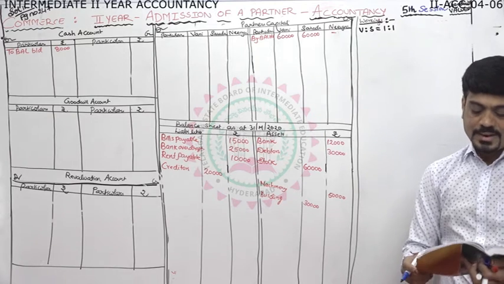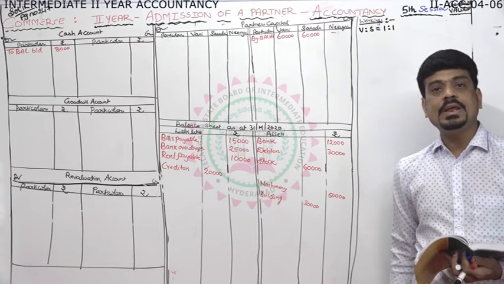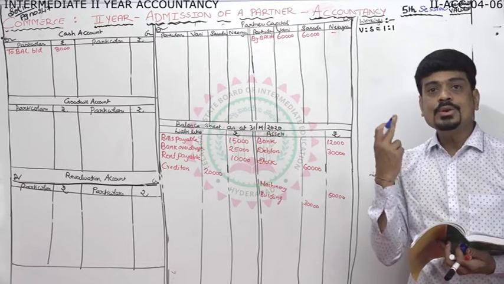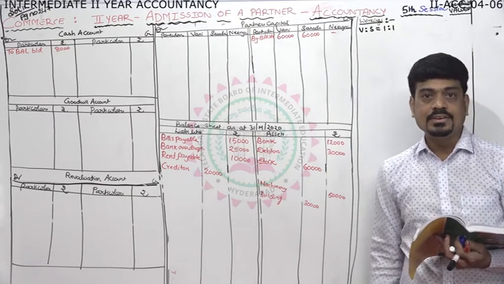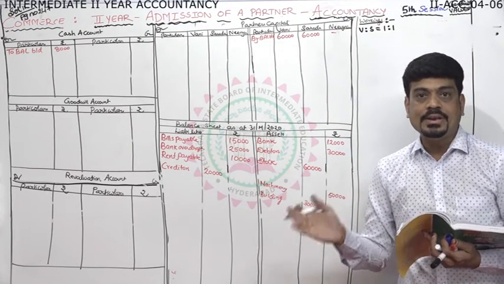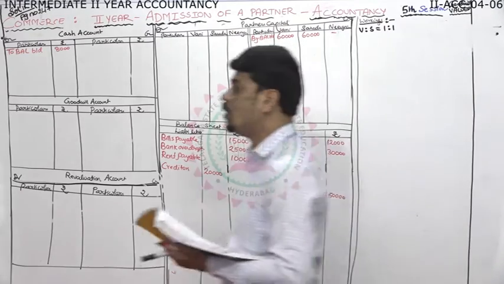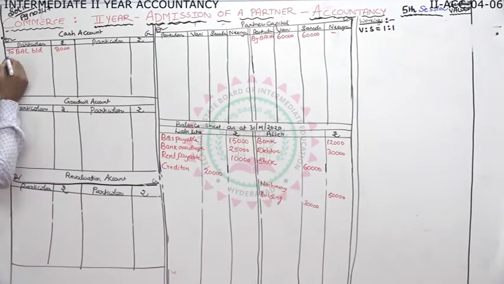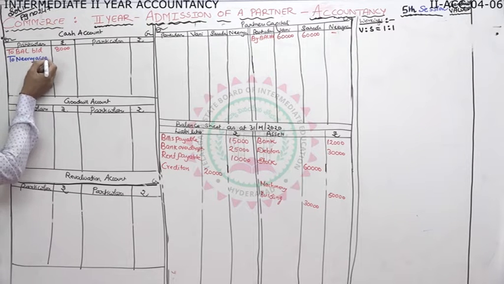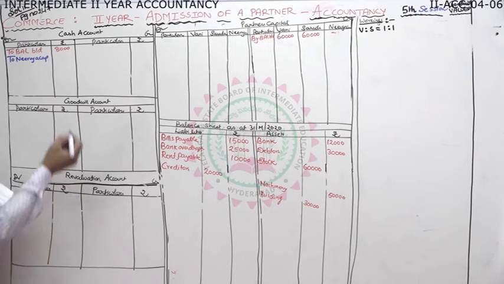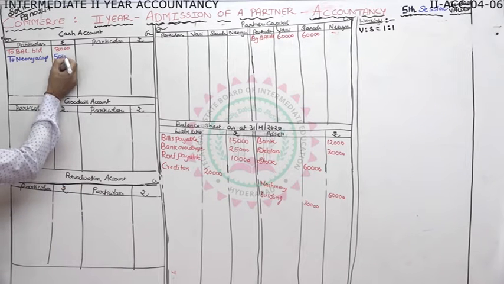What does the adjustment say? Neeraja should bring 50,000 as capital. So again, you can form the journal entry in the mind: cash account debit to Neeraja capital. So the effect: cash account debit side, what comes in, so capital came, 50,000.